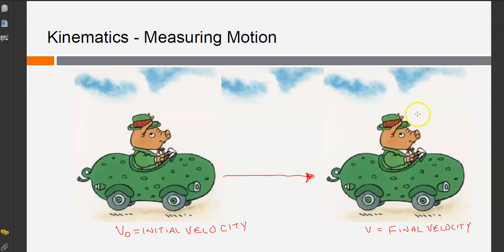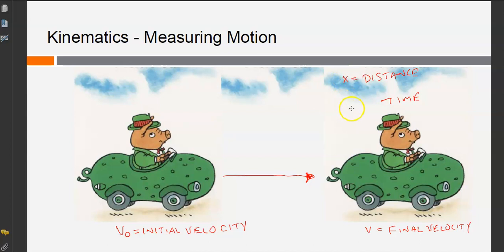Some other important things would be the time that it takes to go from the beginning to the end. So we'll put time on there. He's covered some distance, right? He moved from this point over to this point, and so we're interested in that distance that he moves through. We get tired of writing the word distance, or better displacement, over and over, so we just abbreviate that.